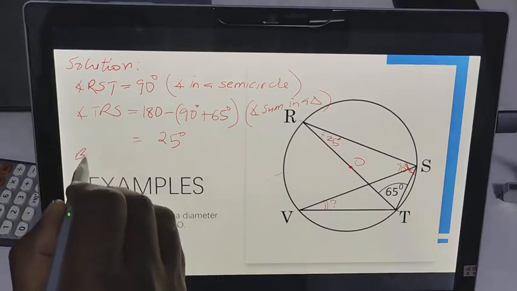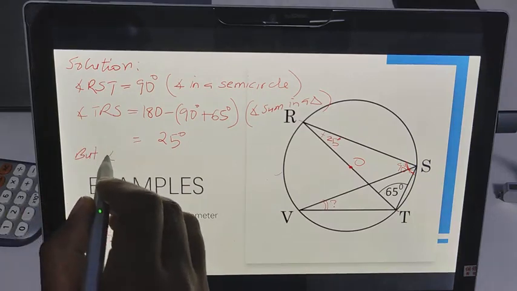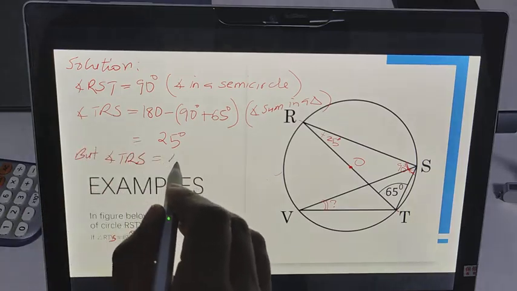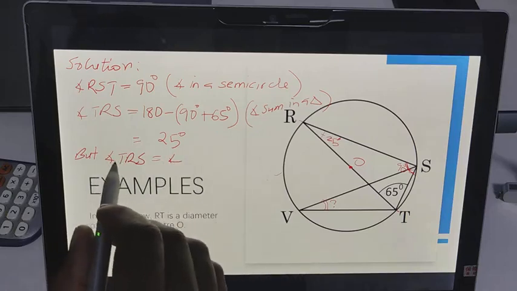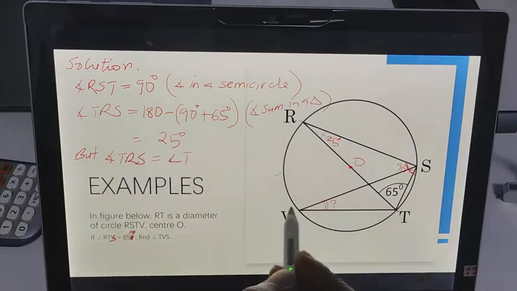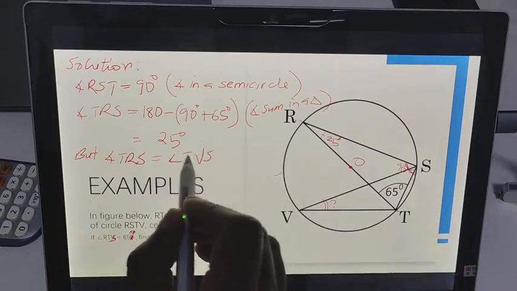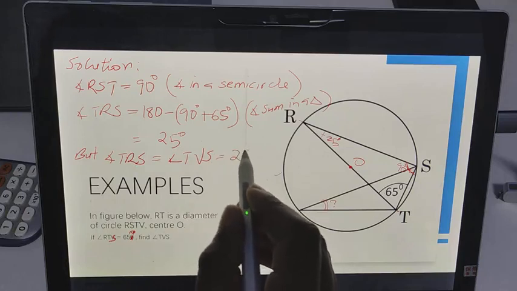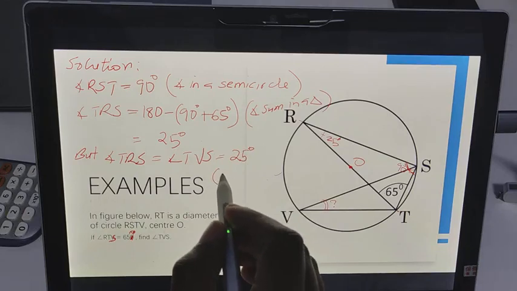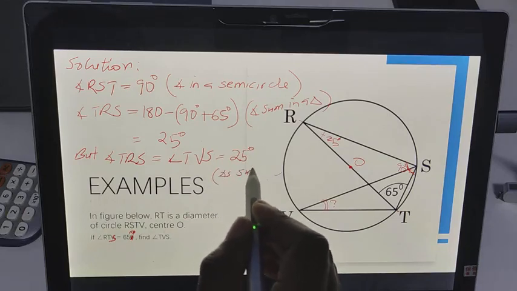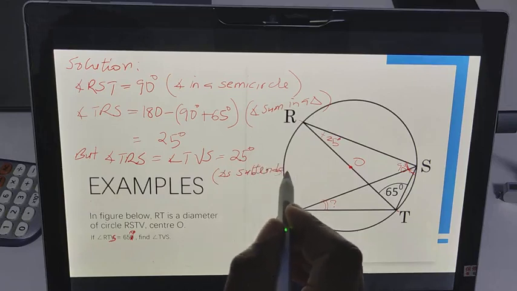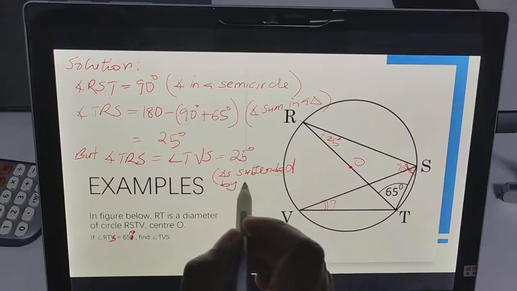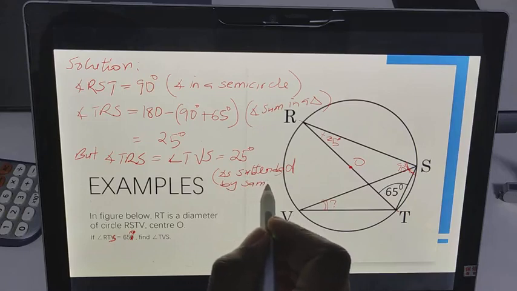But we all know that angle TRS, this one, 25 here, should be equal to angle TVS, which is equal to 25 degrees. Reason: angles subtended by the same chord.